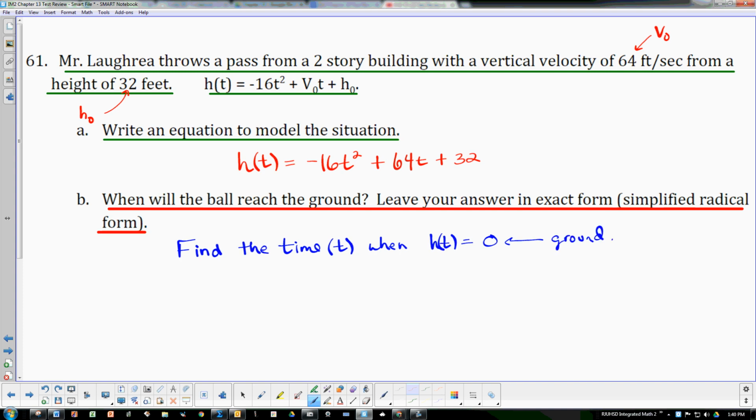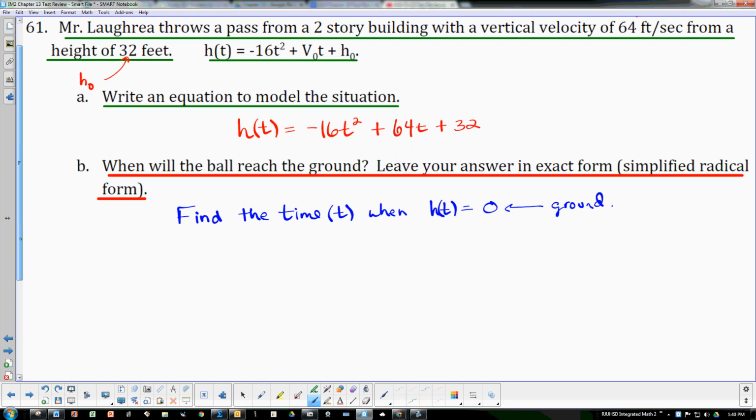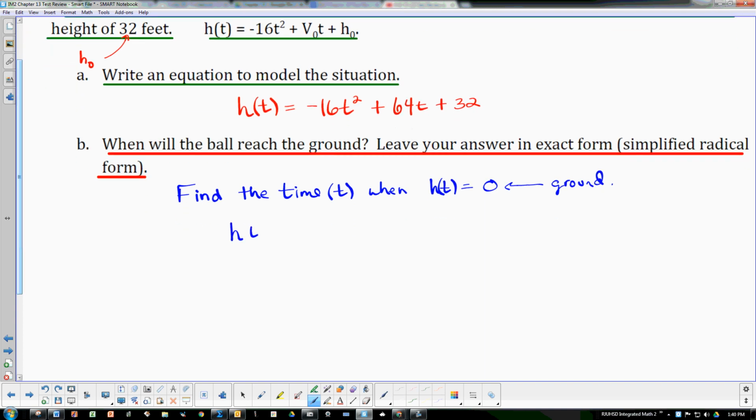All right. So here's what we're going to do. Let me rewrite this formula for a moment. We have h at t is equal to negative 16t squared plus 64t plus 32. Show you exactly what we're going to do. So for h at t, we're going to let it equal 0 because this indicates the height on the ground.